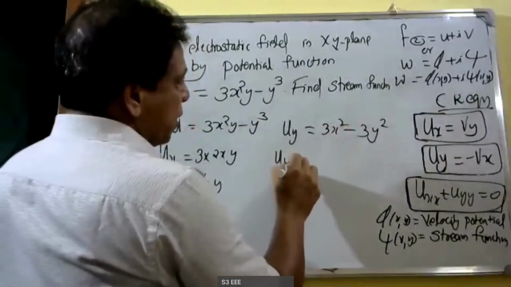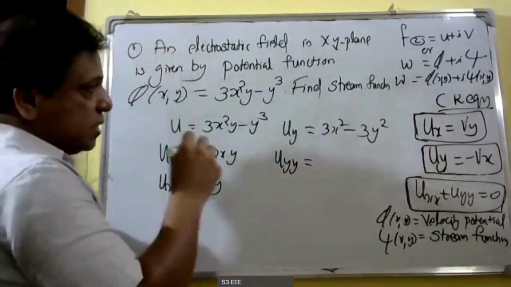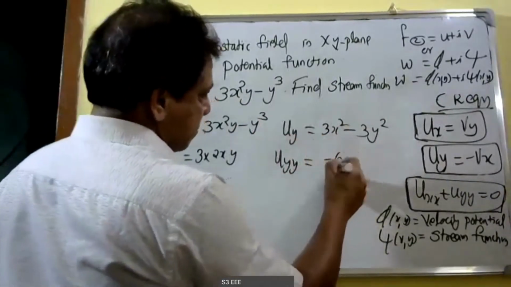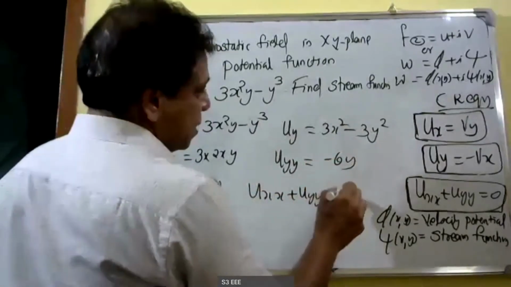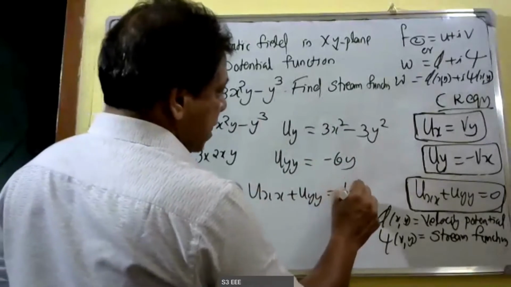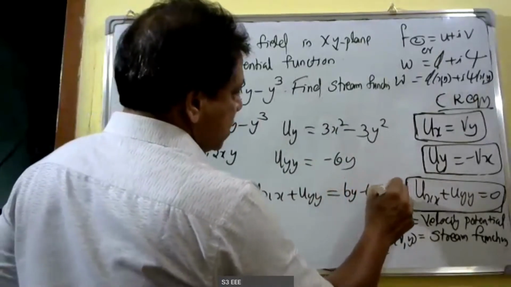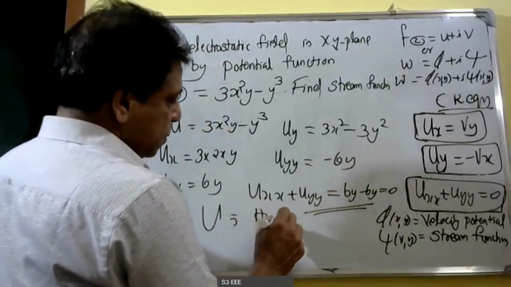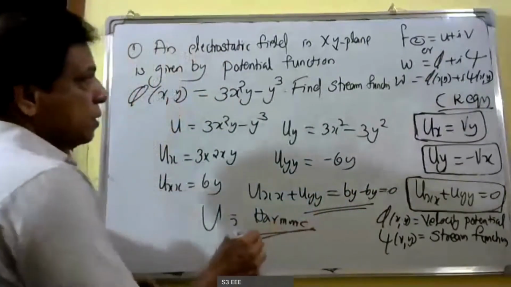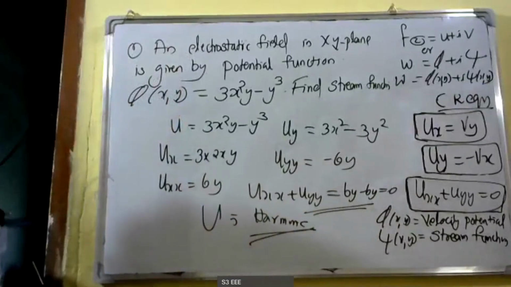Then uyy is equal to minus 6y. Then uxx plus uyy is equal to 6y minus 6y, that is equal to 0. Therefore, the function u is harmonic.